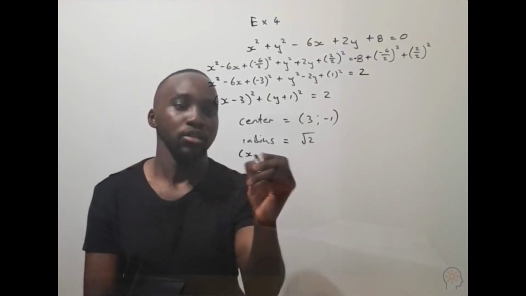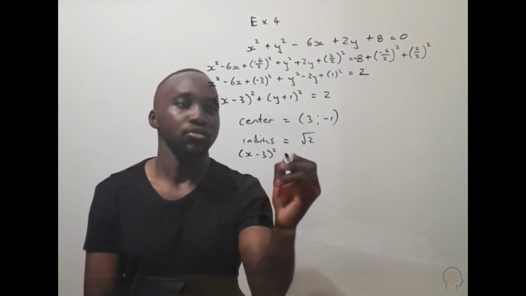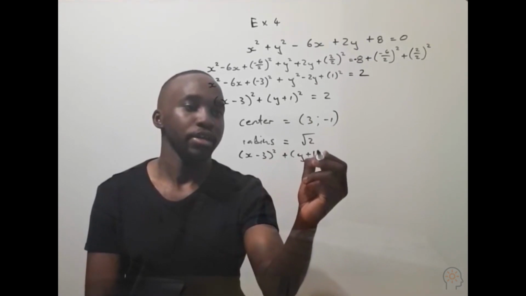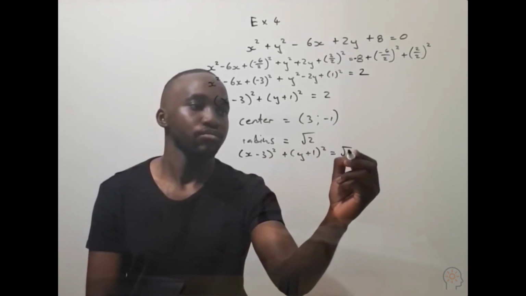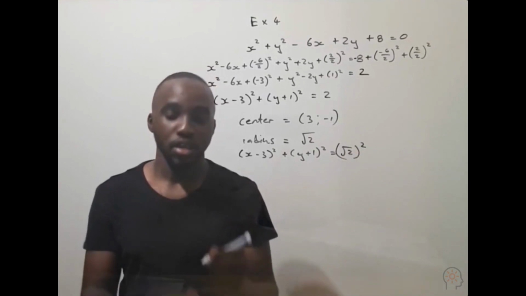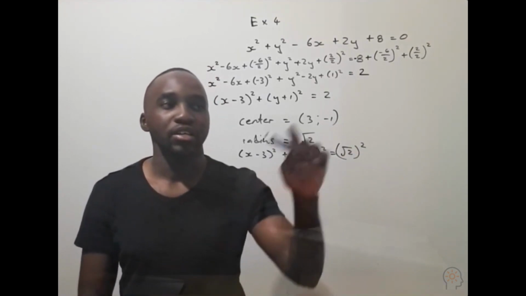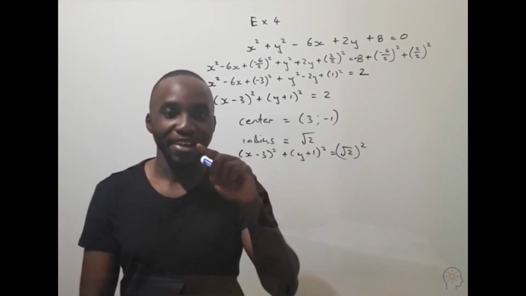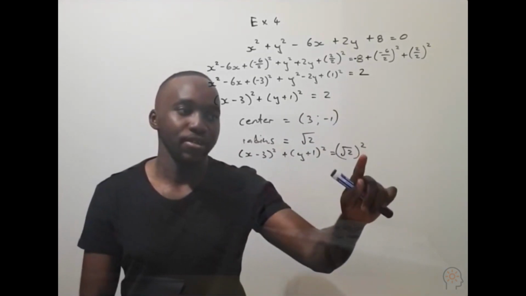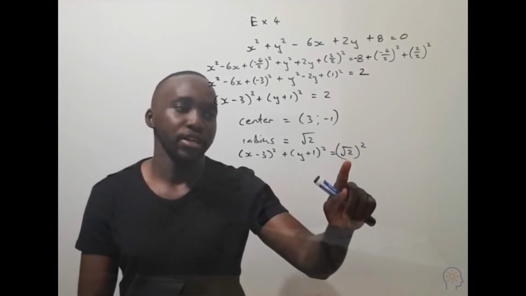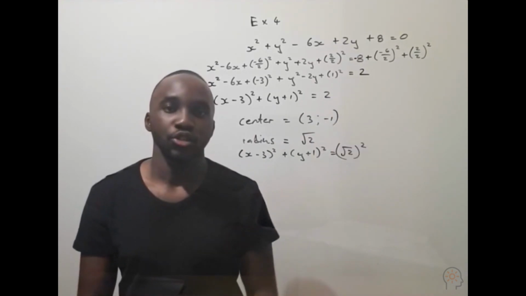So as a final answer, you may want to leave it like so. It just looks a bit funny. However, you will not necessarily be penalized if you leave it like that or if you leave it like that. I would recommend leaving it like that. However, both should be fine.